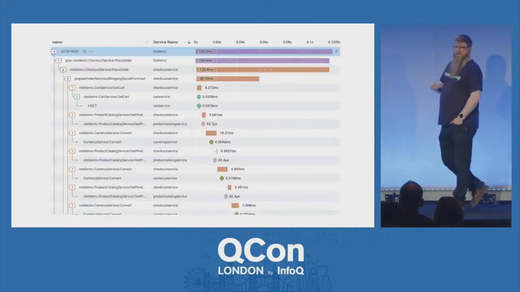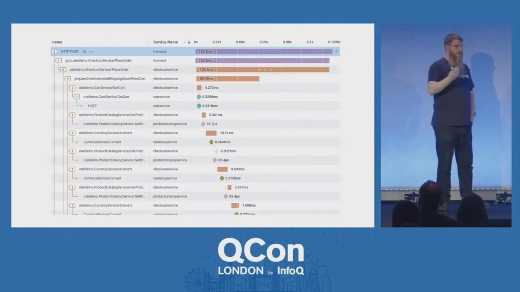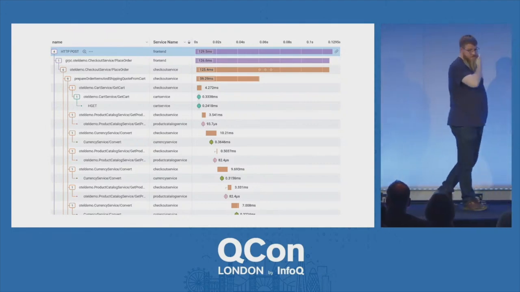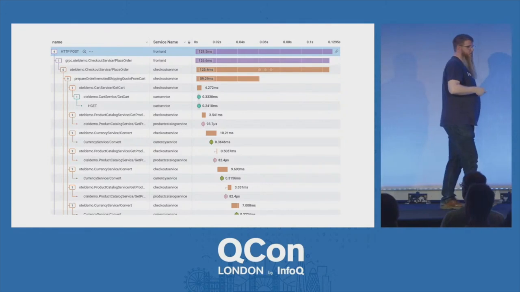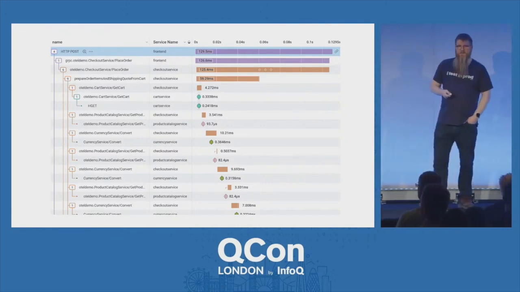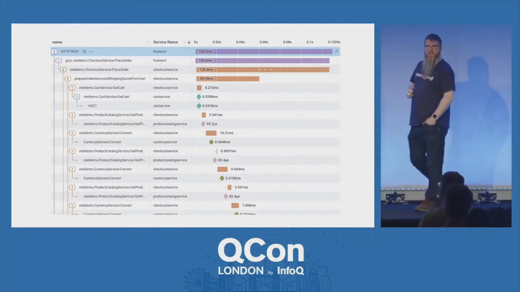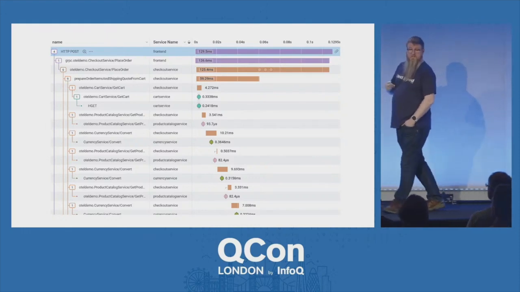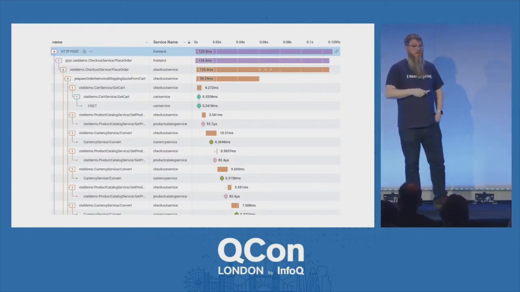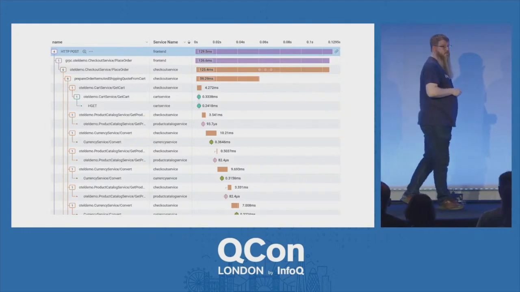And that's where we do things like tracing, and we get things like this, which is a basic trace waterfall. Now, ultimately, the business only cares about that top line, the outside. They care about how long it takes. They care about it returning the correct data.